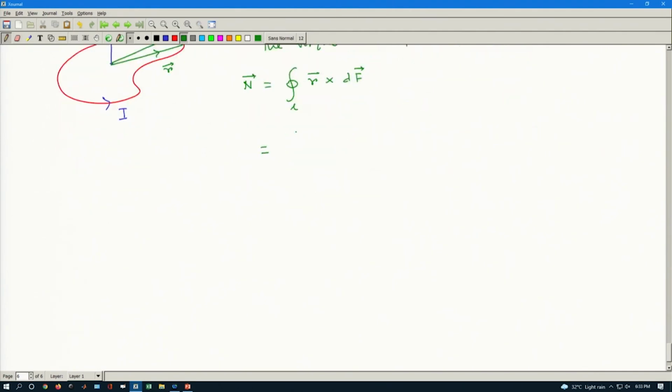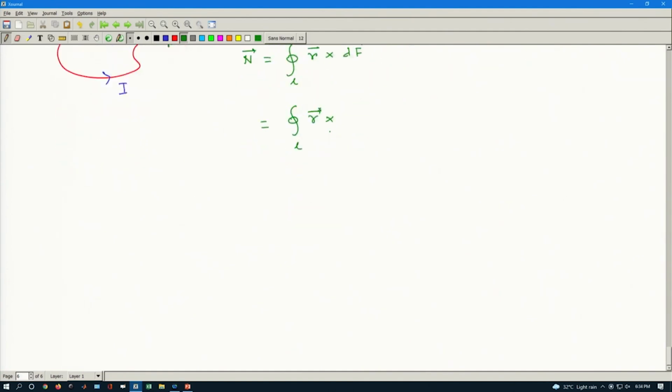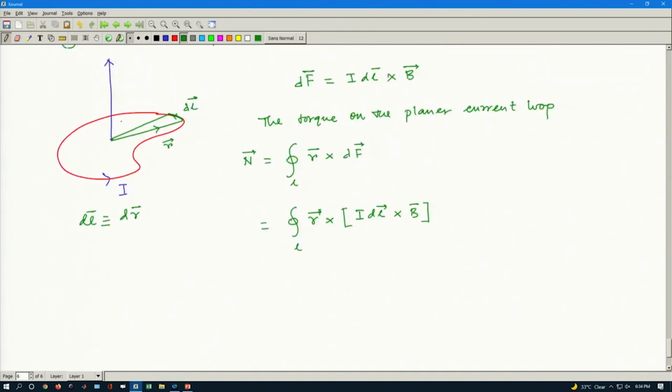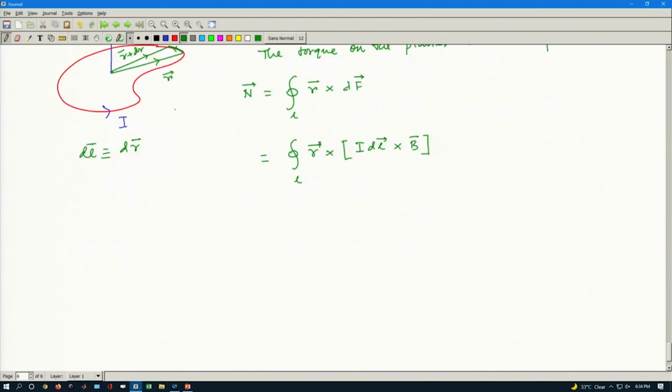That eventually gives me r cross dF, which I already defined here, so it is I dl cross B. From here you can note one thing: dl is nothing but dr, because this is r and this is r plus dr. So dl should be equivalent to dr.